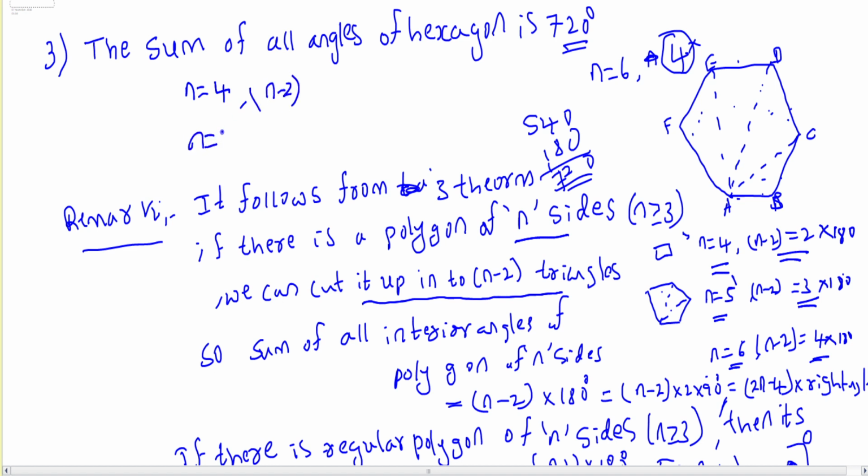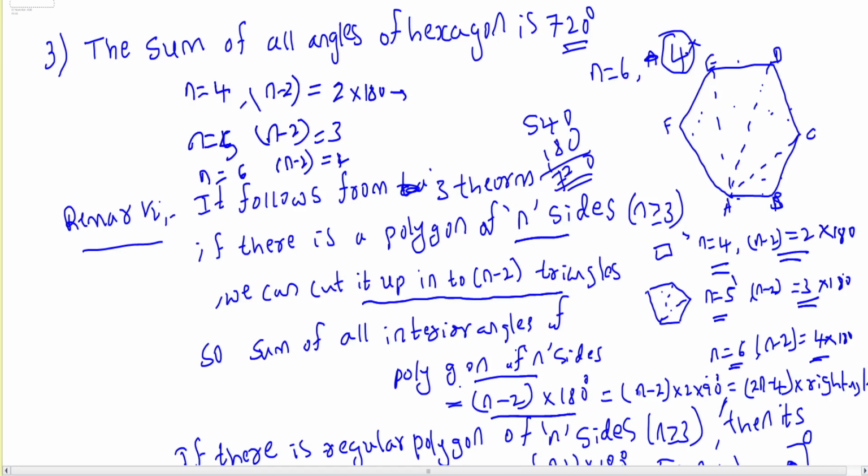Multiply by 180 and you get the sum of all interior angles. So the sum of all interior angles of a polygon of n sides is (n minus 2) into 180.